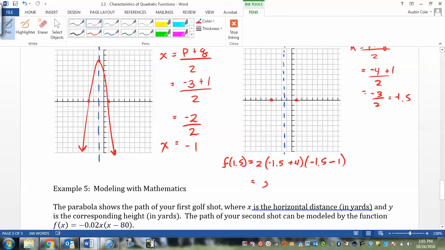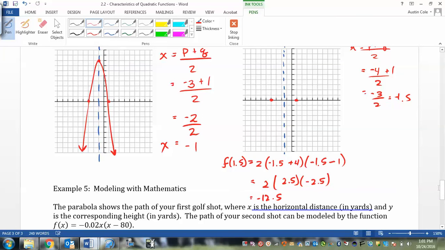So here we go. I'm going to have 2 times, what's this going to be? That's 2.5. And this is going to be -2.5. So we'll do 2 times 2.5 times -2.5. Then what? -12.5. Do we agree with Liam there?